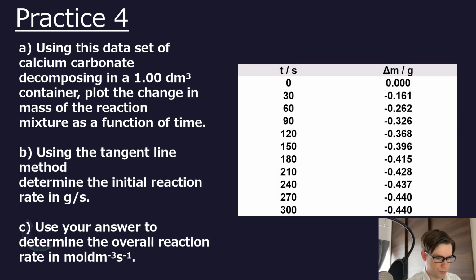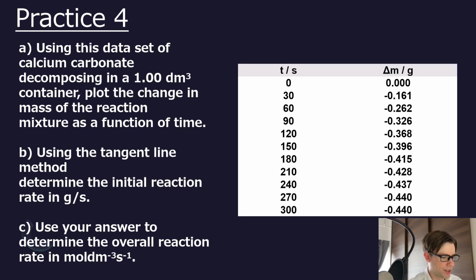Okay, so practice 4. Using this data set of calcium carbonate decomposing in a 1 decimeter cube container, plot the change in mass of the reaction mixture as a function of time. So this graph gives us delta M versus time.